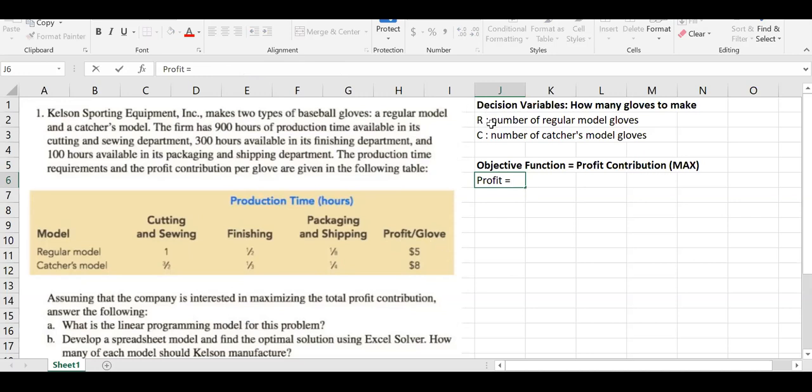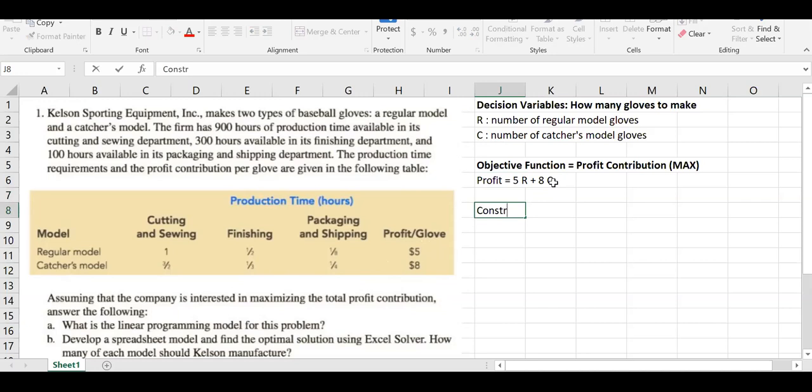If we make R units, the profit is going to be 5 times R. The profit per unit of catcher's model is $8. If we make C units, the total profit is going to be 8 times C. So 5R plus 8C is going to be my profit.